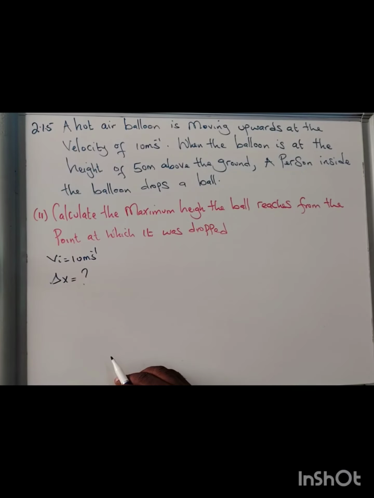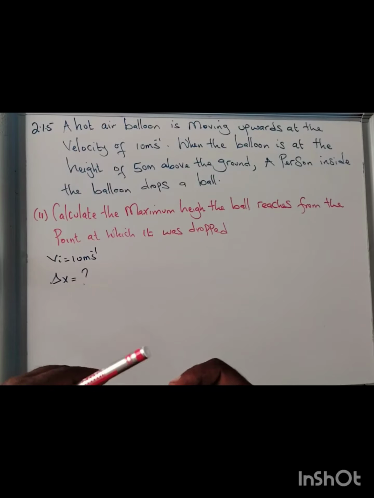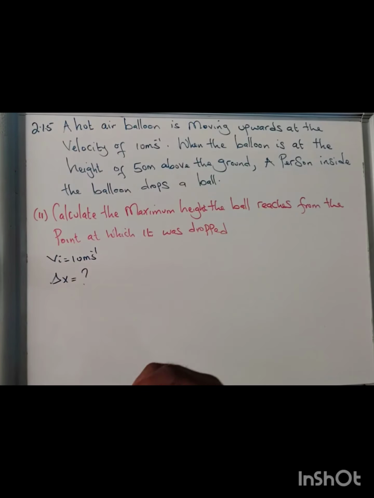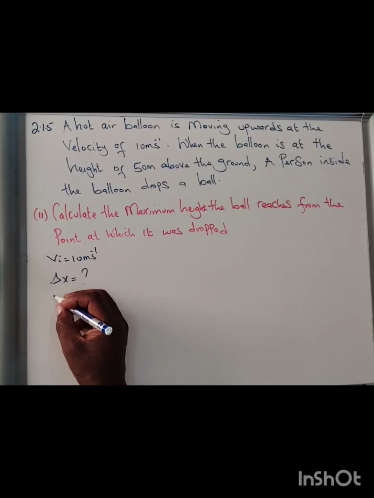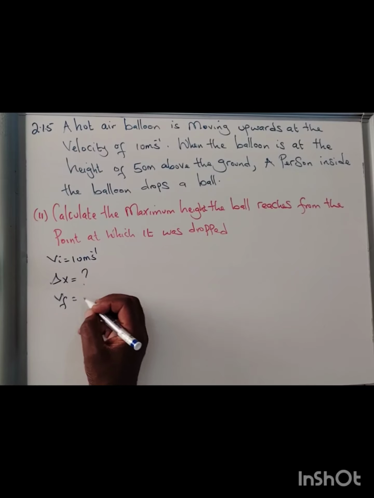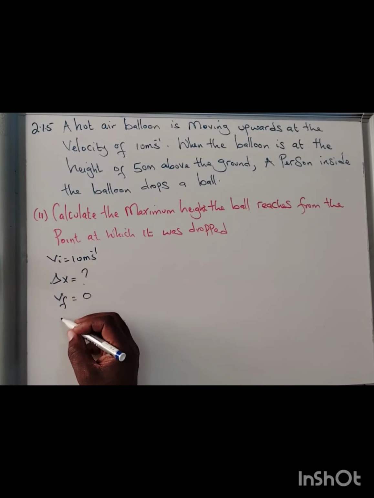What else do we know? We are talking about maximum height. And what comes with maximum height is velocity. Velocity at maximum height is known and is 0. Then what else do we know? We know g.